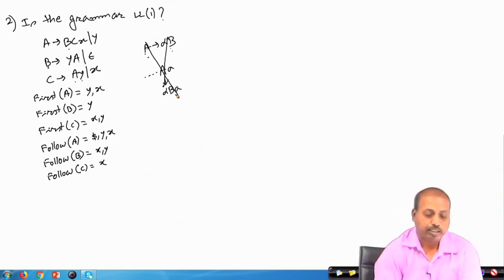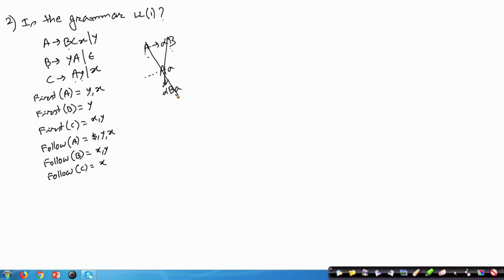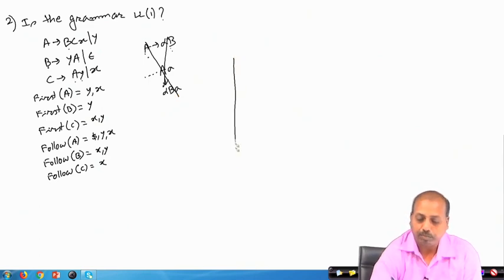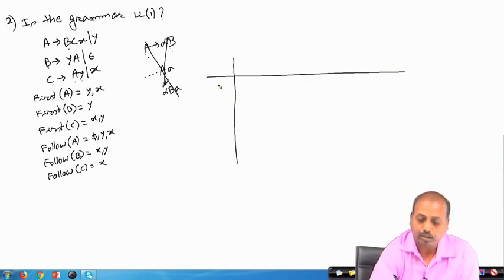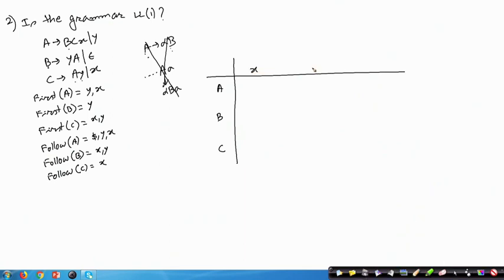So, I have computed the first and follow sets. Now, after computing the first and follow sets, I have to try to construct the LL1 parsing table. For the LL1 parsing table construction, do it like this. I have got the non terminals A, B and C, and then I have got the terminal symbols x, y and dollar.